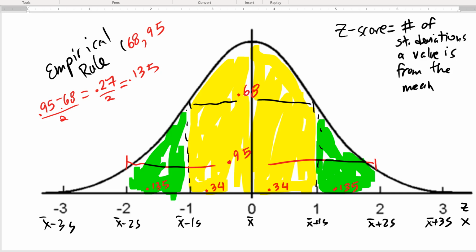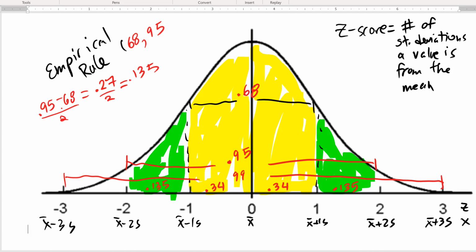Well, what are these last pieces worth then? Well, we know that within 3 standard deviations, we have 99.7%.